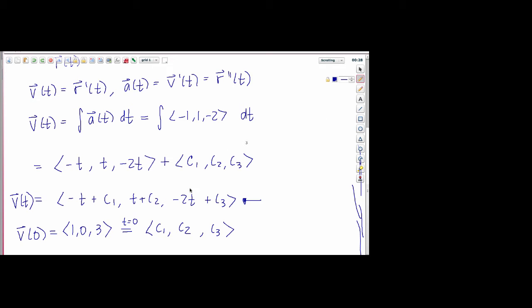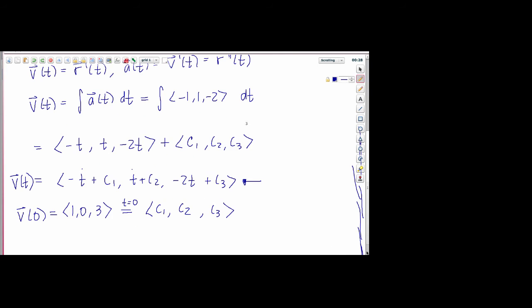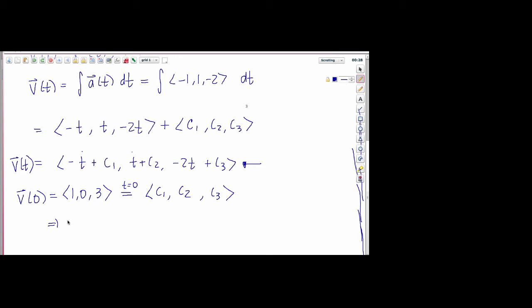So now this tells me that c1 must be equal to 1, c2 is equal to 0, and c3 is equal to 3. So that tells us our velocity vector is v(t) equals <-t + 1, t, -2t + 3>.